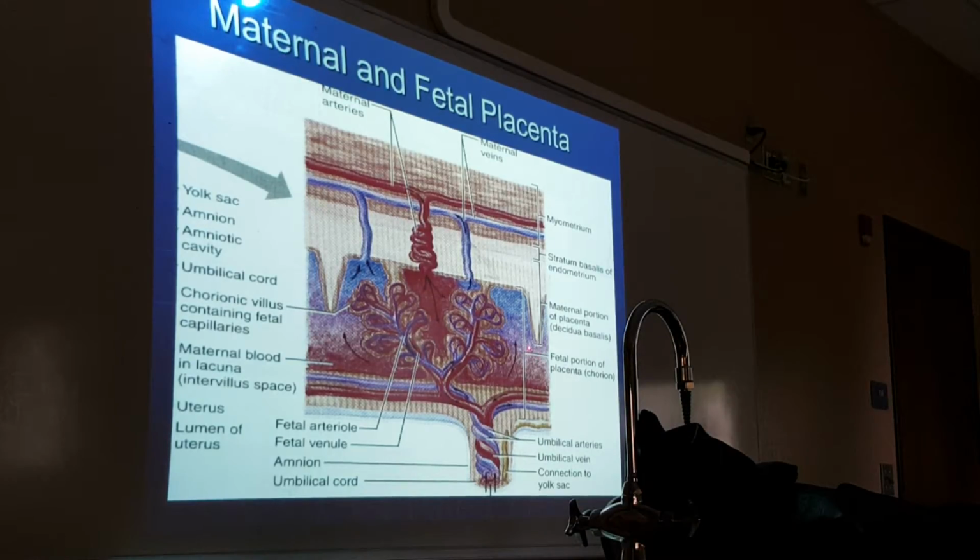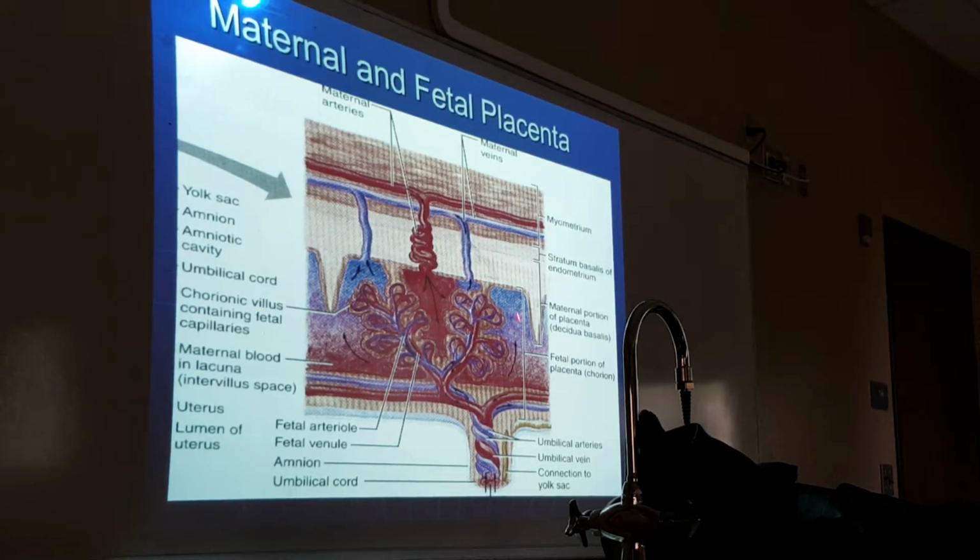And so this part right here, roughly, could be called the maternal placenta, the decidua basalis, okay, roughly, but not including the chorionic villus. And the chorionic villus strictly belongs to the fetus, okay?